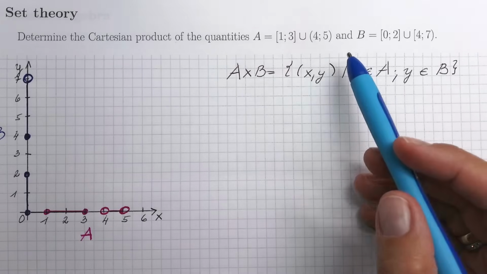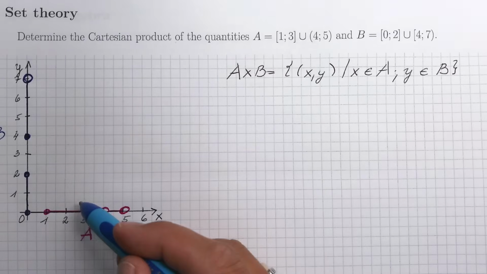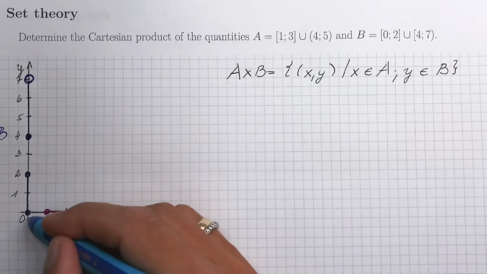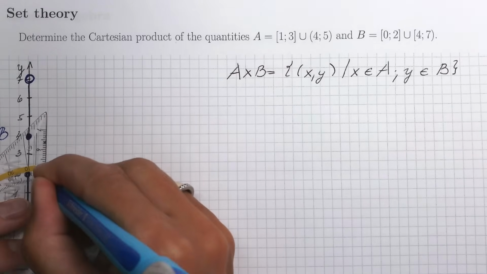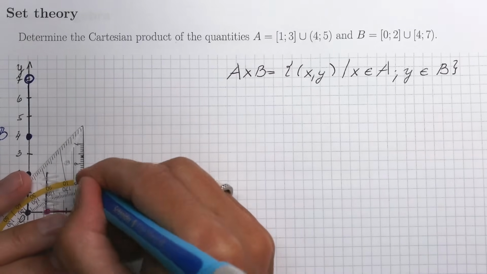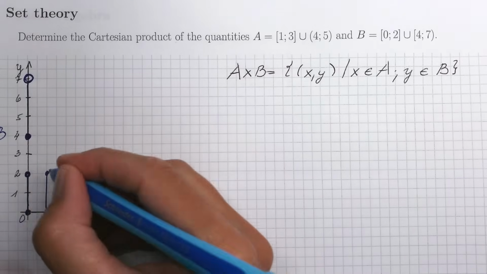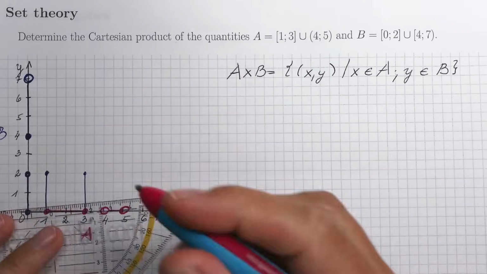Now if we build the Cartesian product A cross B, let's start here. We have A, and B is between 0 and 2, so we can also draw the lines here and here. Because everything here is included, the edges are included.